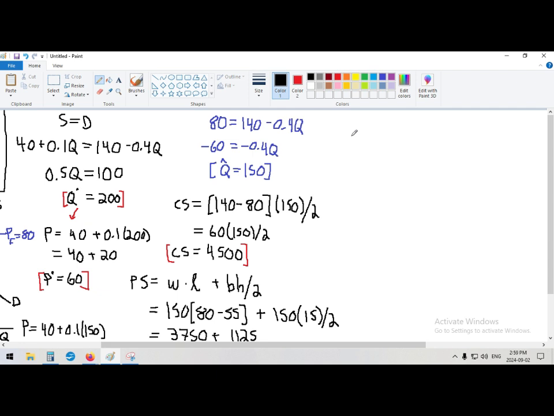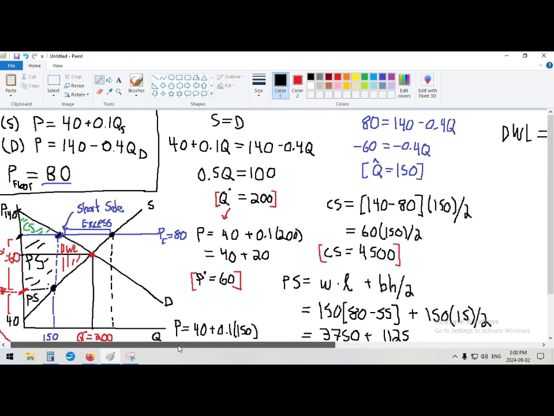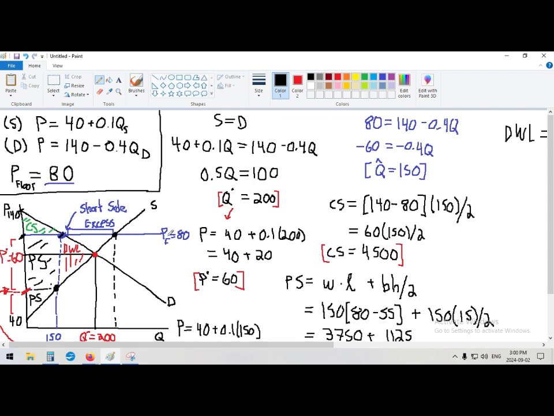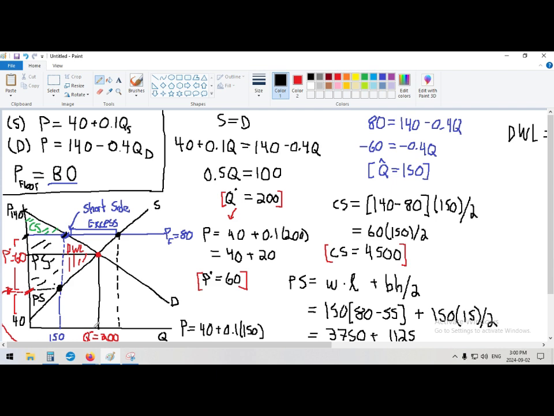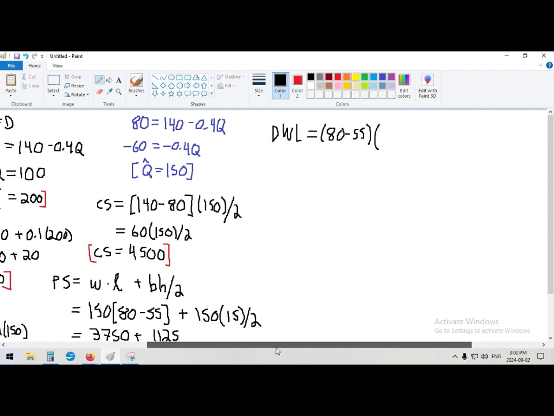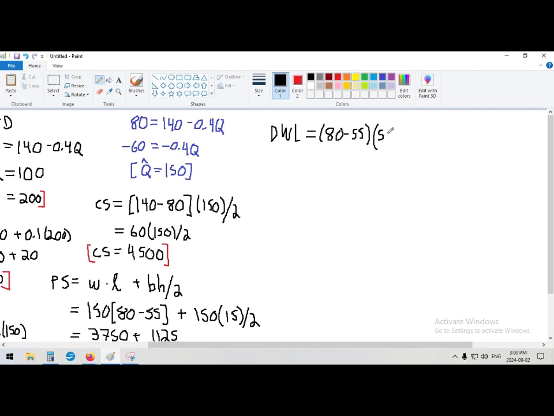So if we go over here and figure out the deadweight loss, the height is 80 to 55. So we're going to have 80 minus 55. And then for this gap here, that's going to be 200 to 150. Okay, so that's 50. And then divided by 2.